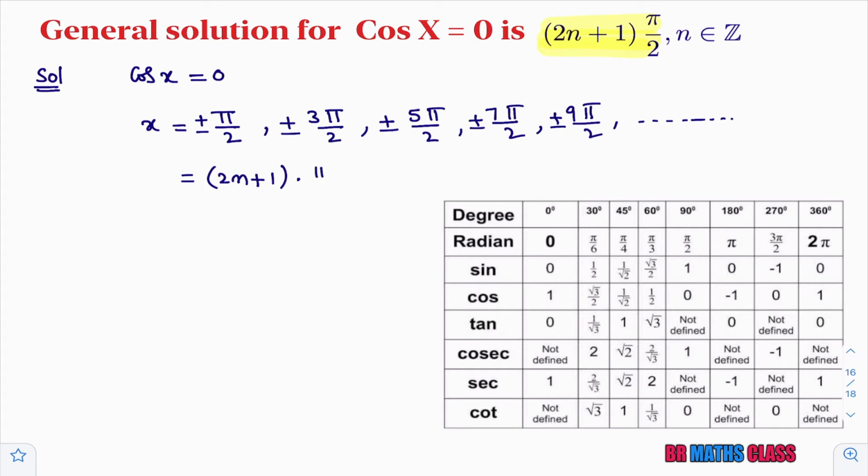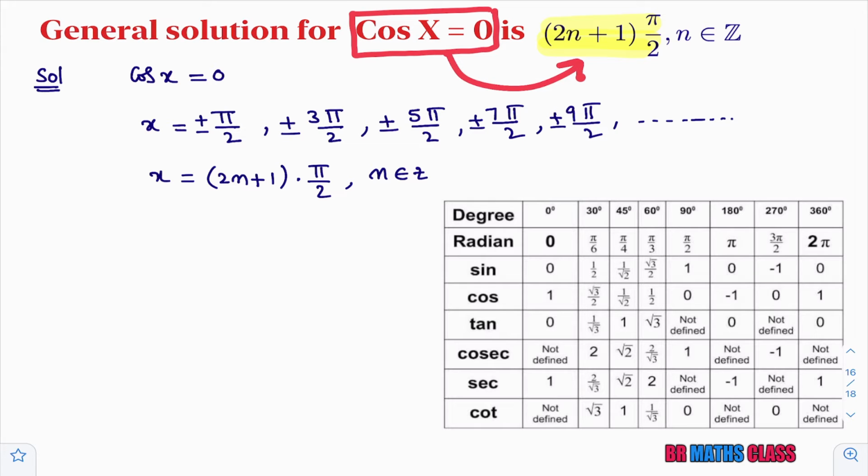Odd number into pi by 2. In this formula, n is an integer. So, whenever cos x equal to 0, x is an odd multiple of pi by 2. From now onwards, you need to memorize this as a formula. The general solution for cos x equal to 0 is an odd multiple of pi by 2.